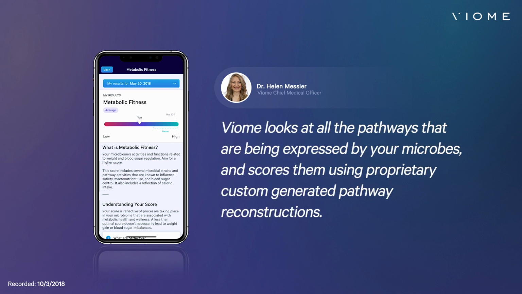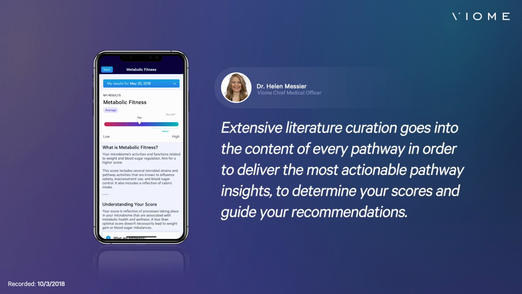Viome looks at all the pathways that are being expressed by your microbes and scores them using proprietary, custom-generated pathway reconstructions. Extensive literature curation goes into the content of every pathway in order to deliver the most actionable pathway insights, to determine your scores, and to guide your recommendations.